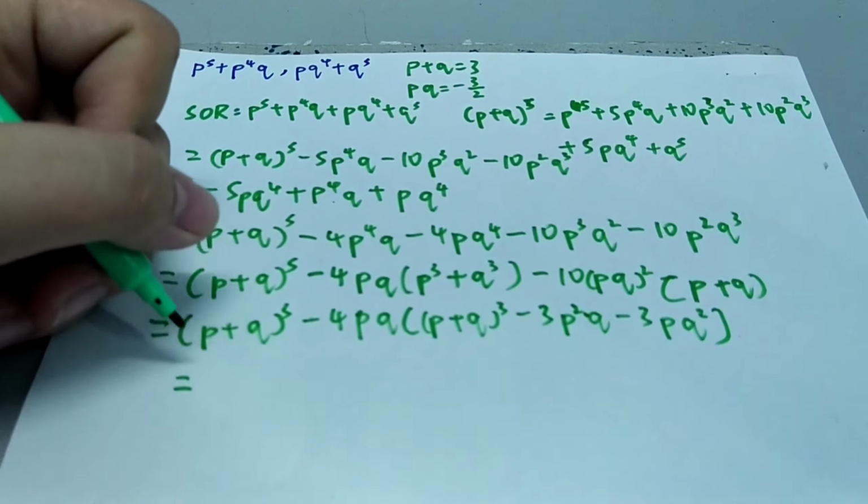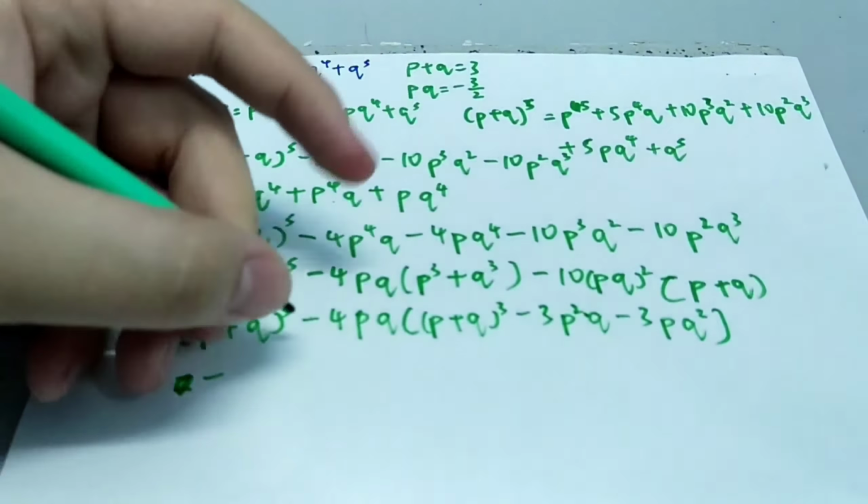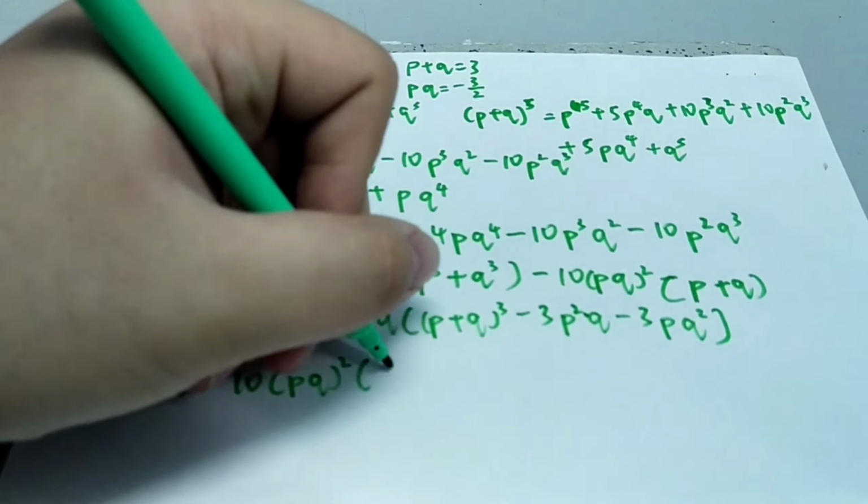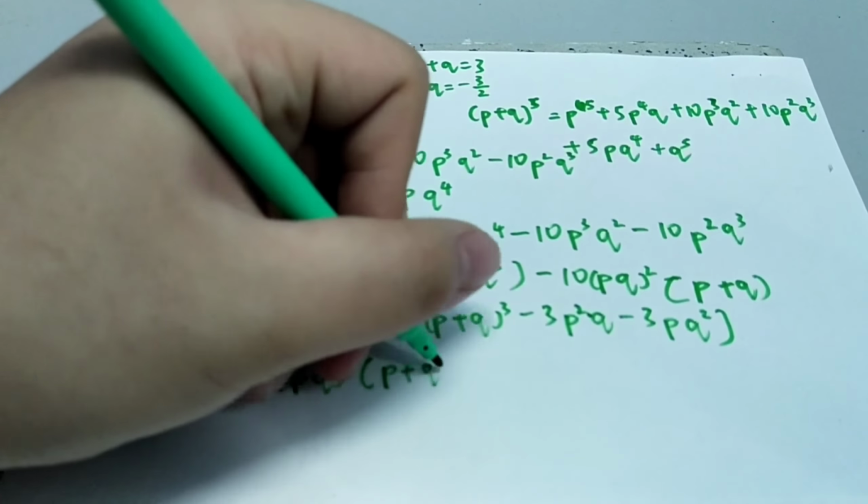And then we are going to minus, I will write it here, 10(pq)^2 times (p + q).